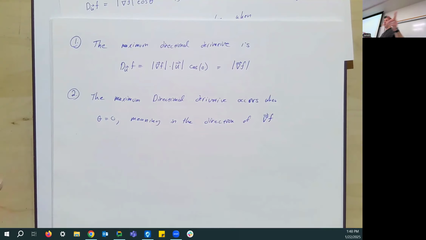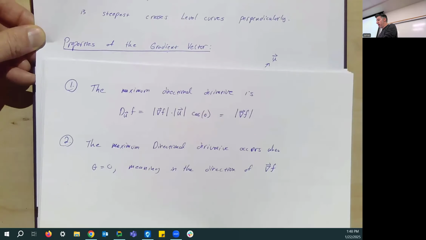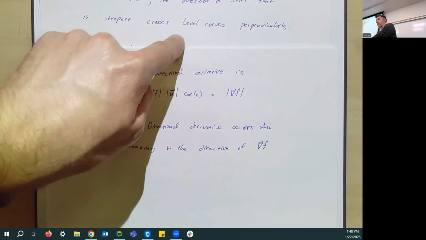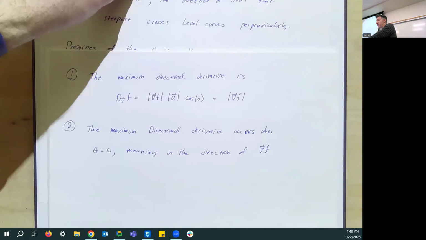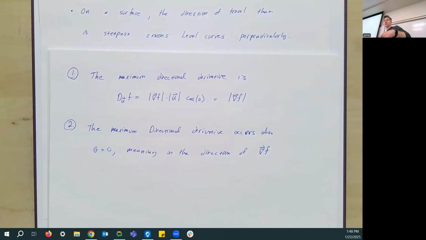Right, because the unit vector we can pick to do whatever we want. We can pick to take the derivative in any direction we want in the whole circle. But the gradient's already set depending on whatever point we have. So whatever direction the gradient points in is the direction of maximal increase. If you couple that with the thing I started off saying a while ago, where the direction of travel that's steepest crosses level curves perpendicularly, what that means for us is that the gradient of a function always crosses the level curves in a perpendicular way.